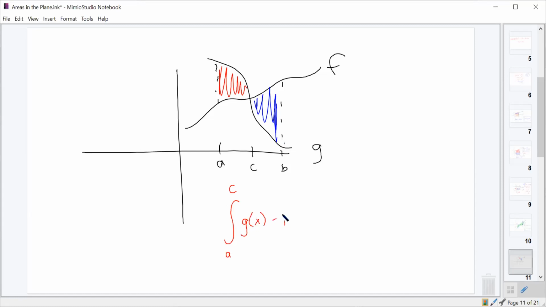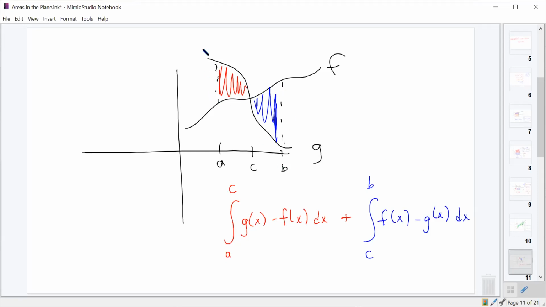G of x minus f of x, dx. And then add to that the integral from c to b, in this case, f of x minus g of x dx.